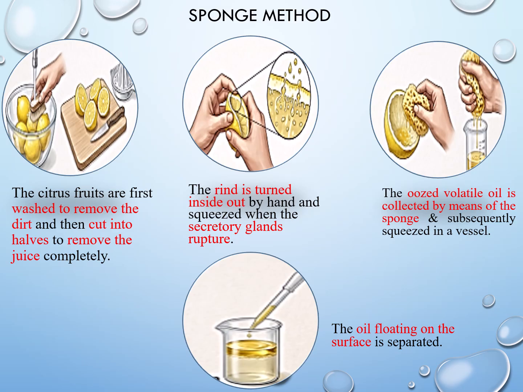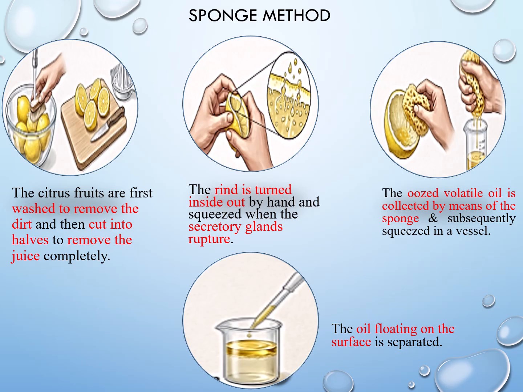You know, when we are squeezing the peel of the orange or the lemon, we can see the volatile oil coming out. So the method used here is a similar one. While turning the rind or the peel inside out, what happens?